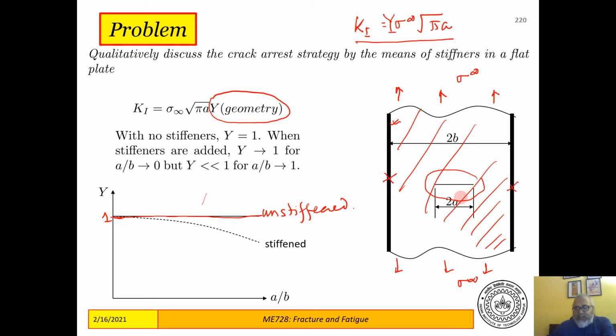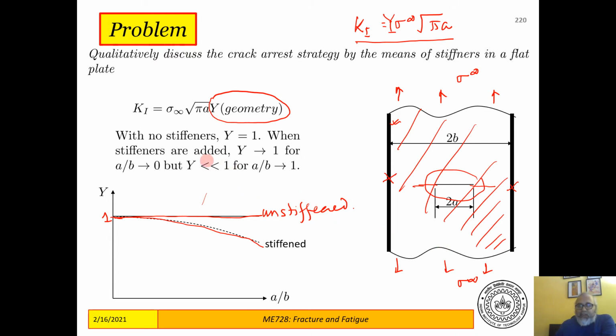But as the crack grows, as the crack becomes longer and comes closer and closer to the stiffeners, it starts feeling the stiffening effect of the stiffeners, and the value of Y keeps on dropping, which means that the effective stress intensity factor for a stiffened crack is expected to be lower than that of an unstiffened crack.